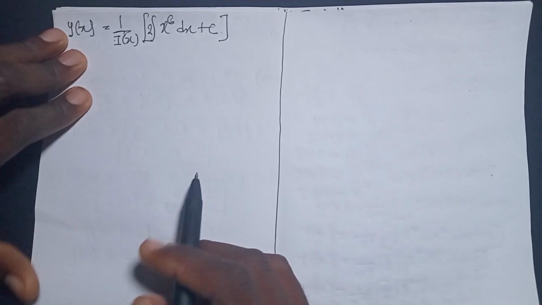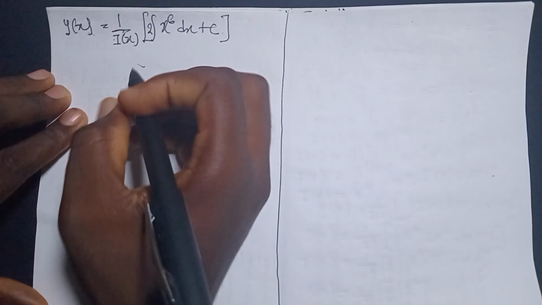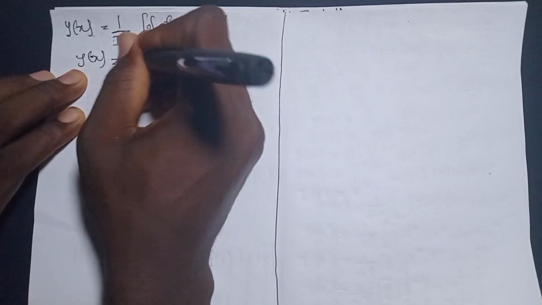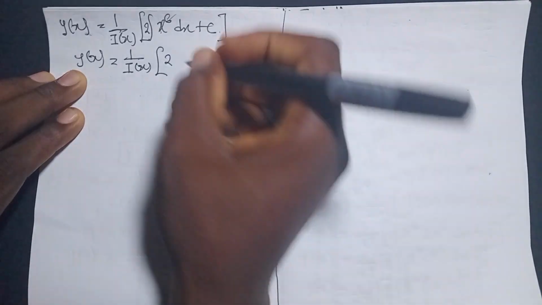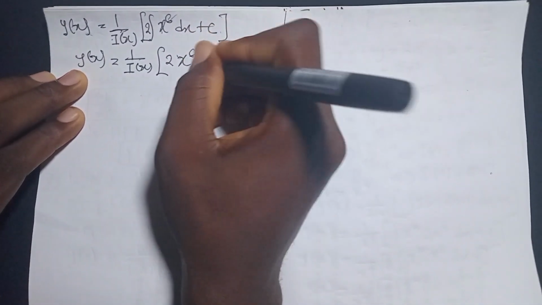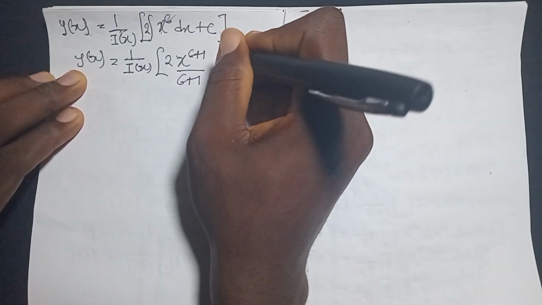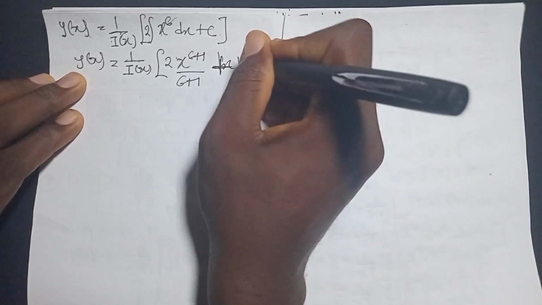Now, if you integrate x raised to power 6, your answer, we have y of x equals to 1 over, if you integrate this, you have 6 plus 1, x raised power 6 plus 1 over 6 plus 1, dx, okay, with the plus c.